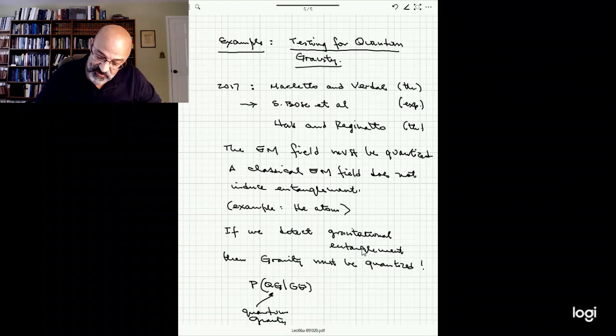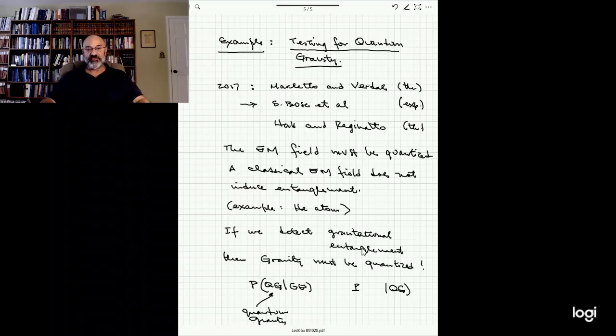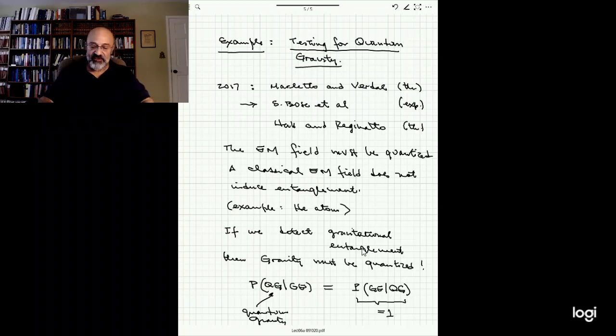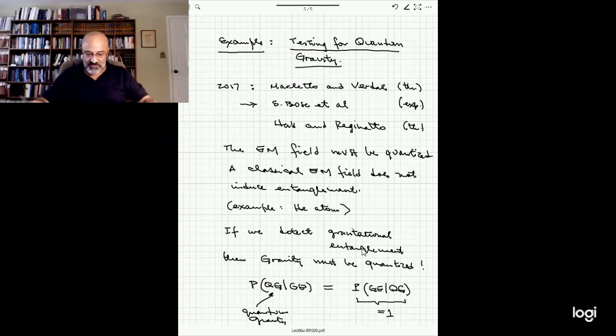But this is not the same as what we actually know, which is that if gravity is a quantum theory, if gravity must really be quantized, then what is the probability of observing gravitational entanglement? If gravity is quantum, there will be entanglement. Very good. So we know that this is true. The mistake consists in writing that these two are equal. Of course, they are not equal.